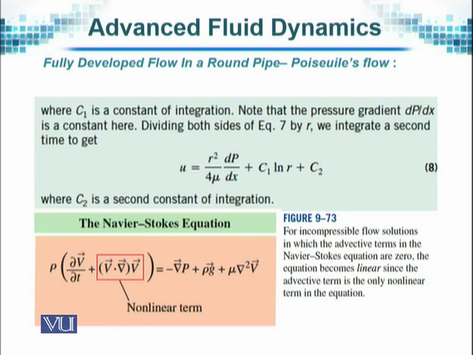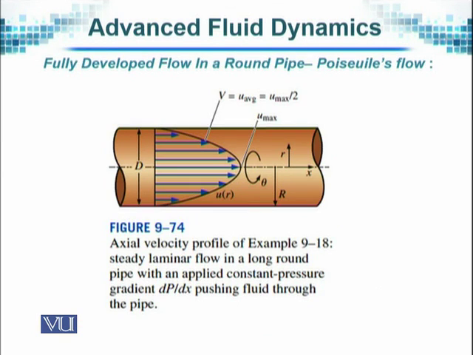Once we integrate again, we will have the value of u, and because we have introduced a second integration, another term, C2, appears here. This gives us a problem situation now that we have to determine two unknown constants, both constants of integration. How do we determine them? The methodology remains the same. We apply the boundary conditions and then we determine these values.